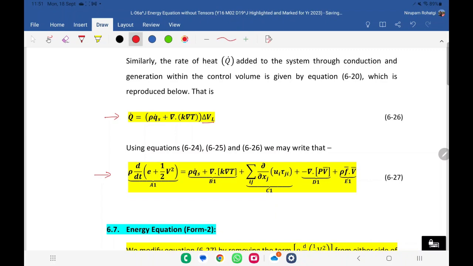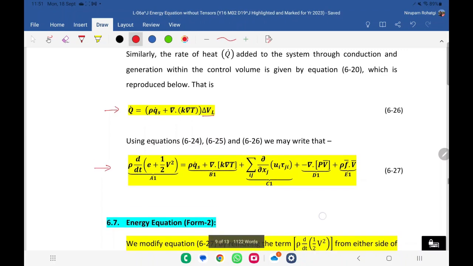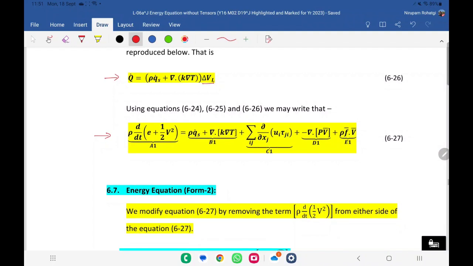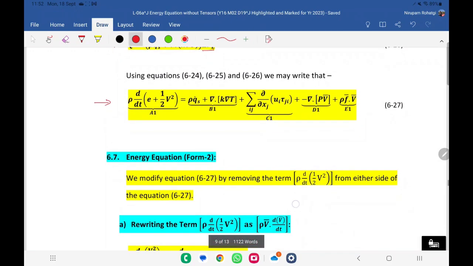Now we modify this equation. Modify means to simplify it.